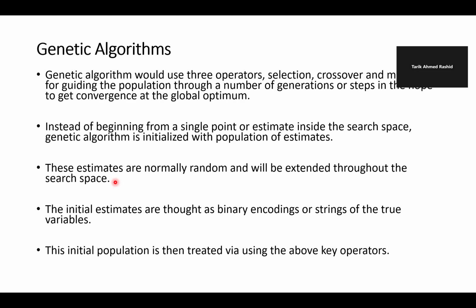Instead of beginning from a single point, the genetic algorithm uses a random population and implements those three operators to get the best solution or near optimal solution, we could call it. The genetic algorithm also does binary encoding or string encoding for the variables.